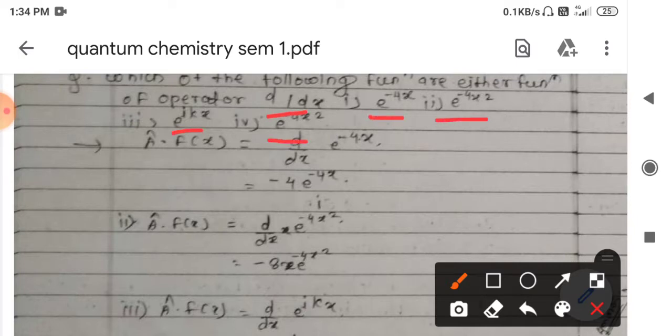First consider e raised to minus 4x. The derivative of e raised to x is the same, so e raised to minus 4x into the derivative of minus 4x, which is minus 4. So here we can say that this function is an eigenfunction with eigenvalue minus 4.